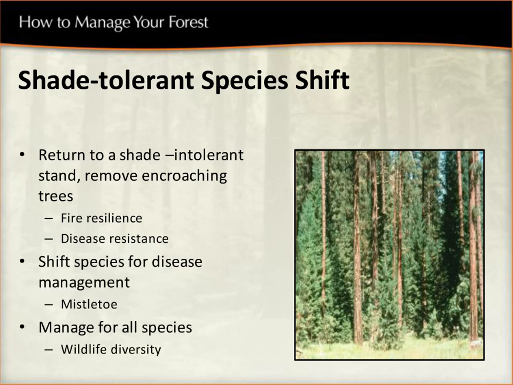Or you can go ahead and thin to manage stand density, but leave representatives of all species to increase species and crown class diversity. If one of your goals is managing for wildlife, this improved diversity will have some real benefits.